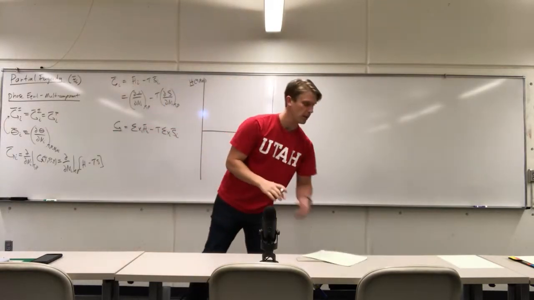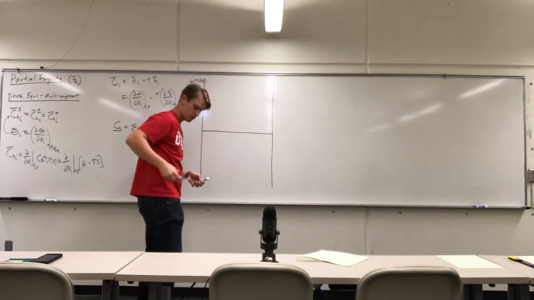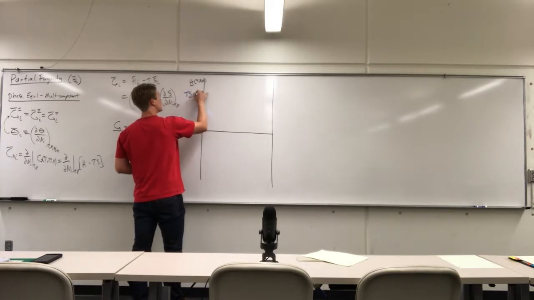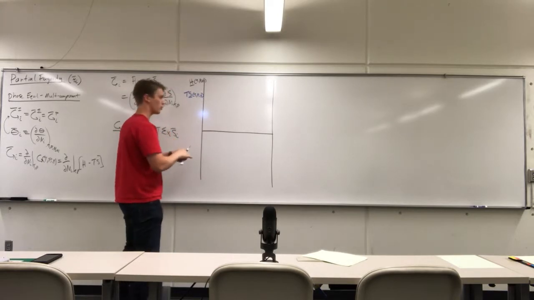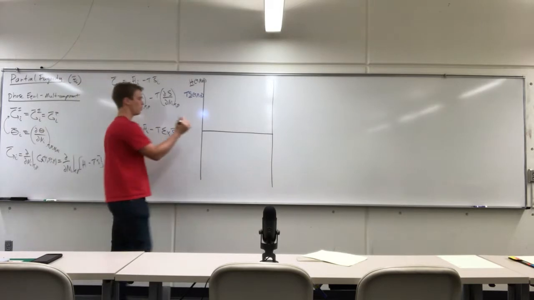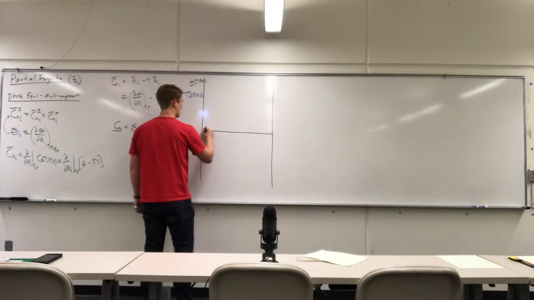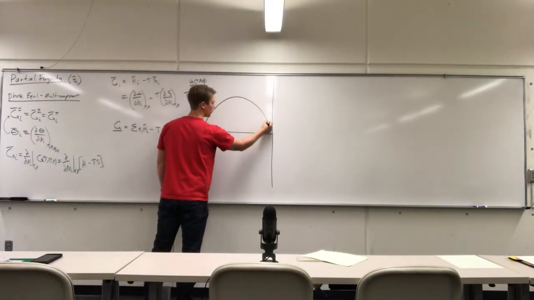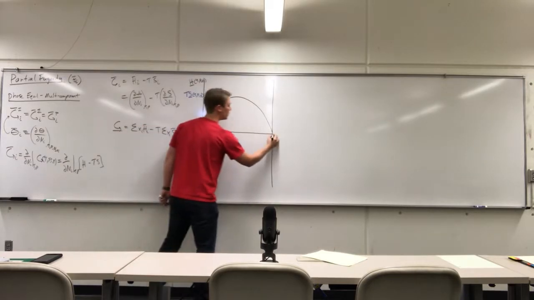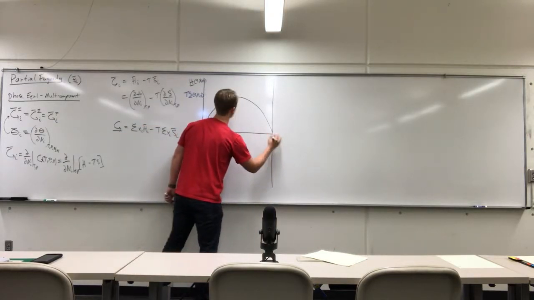And let's see if my blue marker is any good. So for any arbitrary mixture, let's just say it's endothermic. And for most of this, we'll just kind of ignore the enthalpy. But let's say it's an endothermic mixture. This point right here, x_A is equal to 0, x_A is equal to 1.